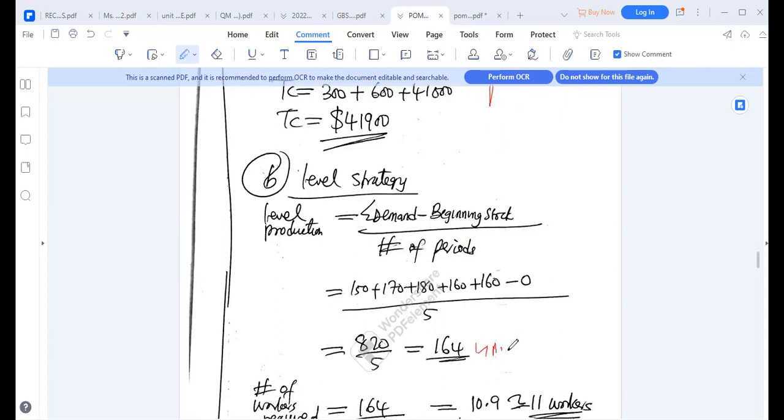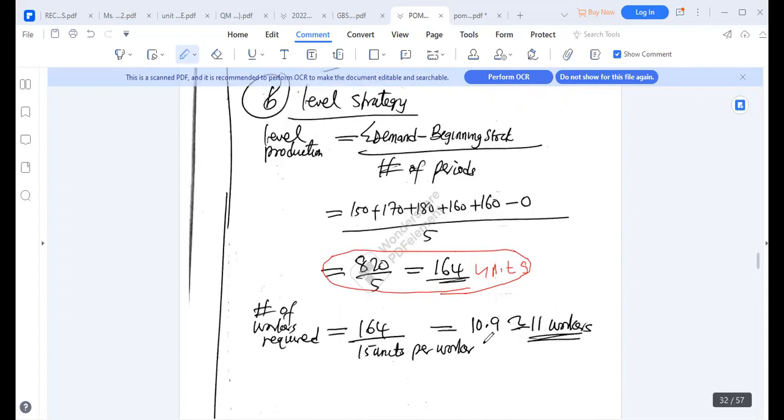Now, under this one, we need to know how many workers will be required to produce on average 164 units. Each worker is able to produce 15 units, so 164 divided by 15 is approximately 11 workers. These are the workers that are required.